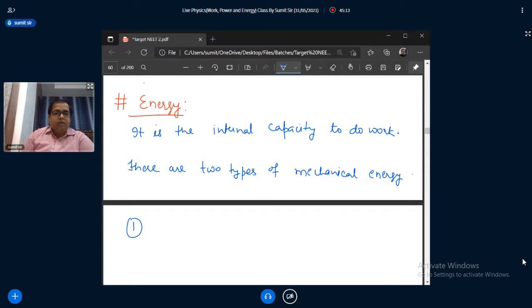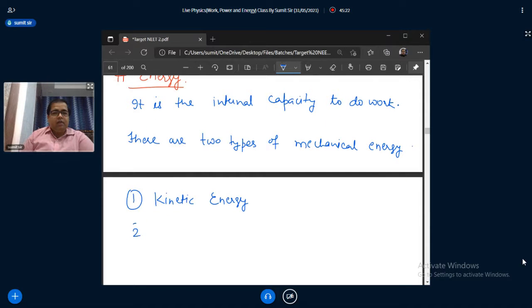First one is kinetic energy, and second one is potential energy.